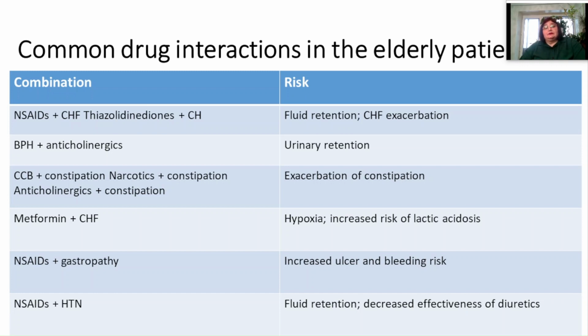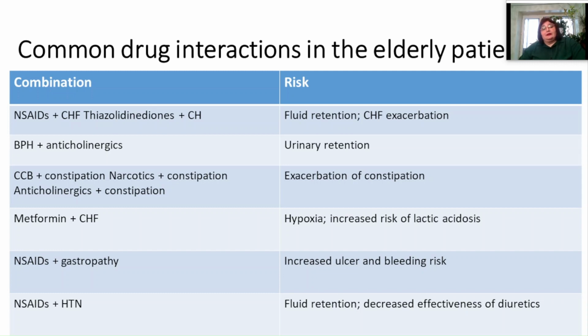CCB group plus constipation, narcotic plus constipation, anticholinergic: exacerbation of constipation. Metformin plus CHF group: hypoxia, increased risk of lactic acidosis. Non-steroidal anti-inflammatory drugs plus gastropathy: increased ulcer and bleeding risk.